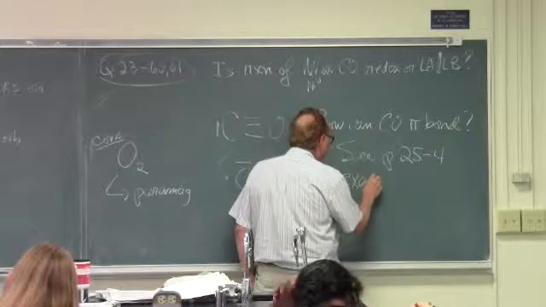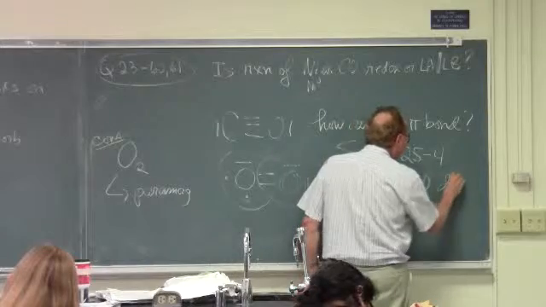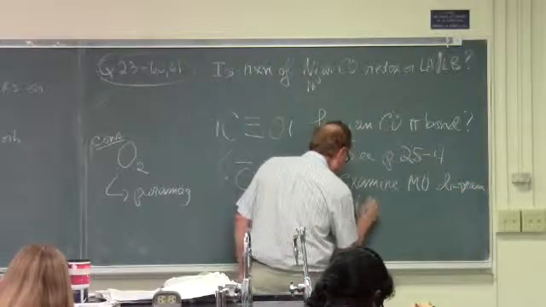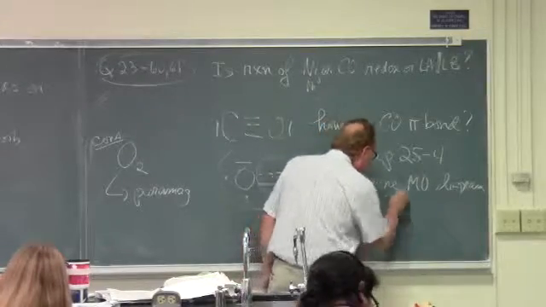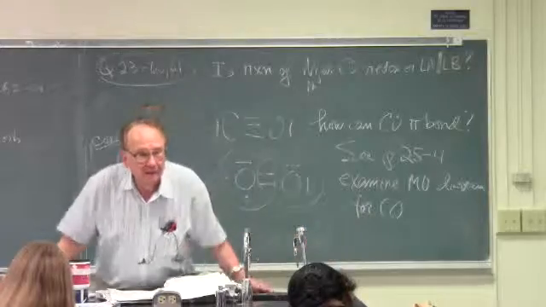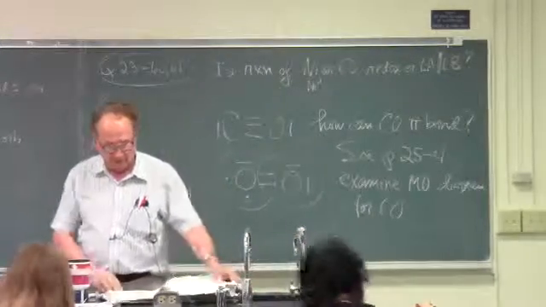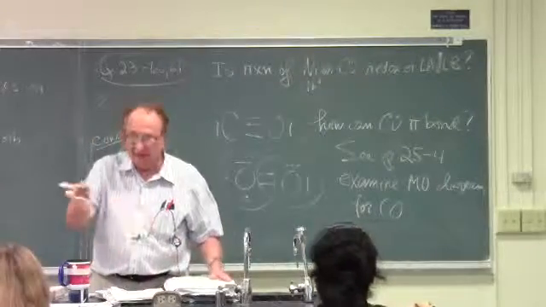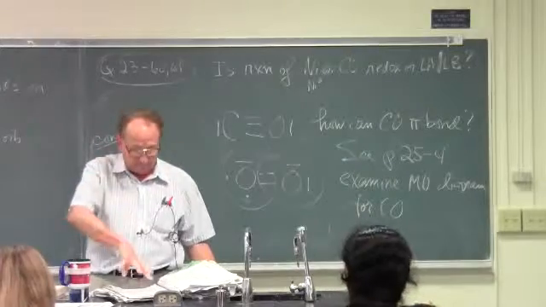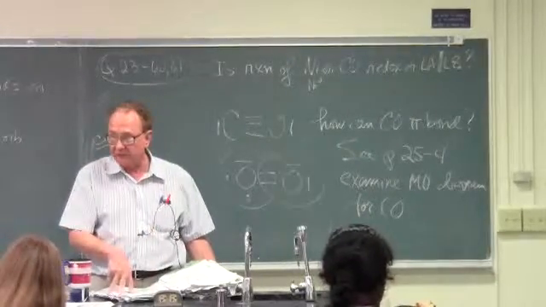Examine the MO diagram for carbon monoxide. What's MO mean? Molecular orbital. Do that. Pick it up from this point next time. And of course you're going to carry on with this stuff in tomorrow's discussion class, except that I'll finish this stuff on Monday, what we're presently talking about, the tail end of chapter 23.